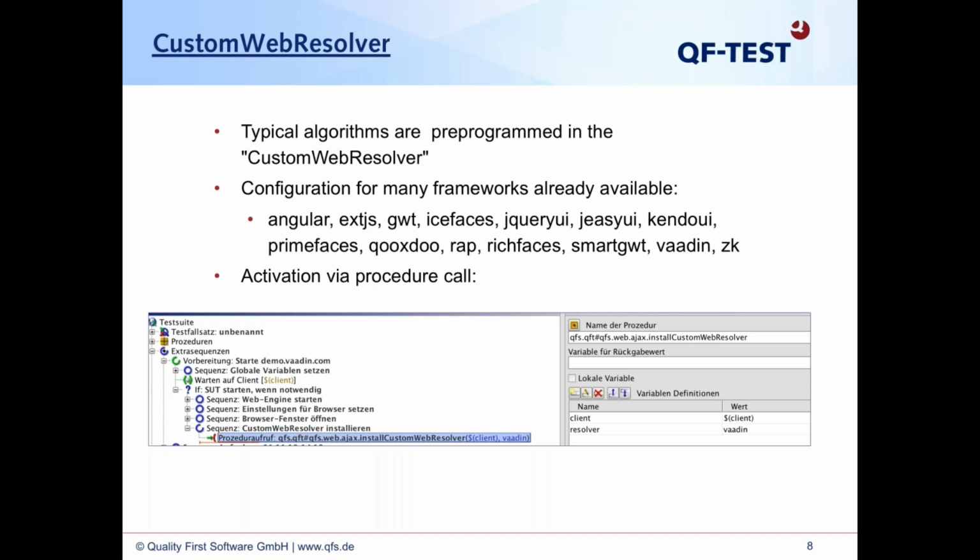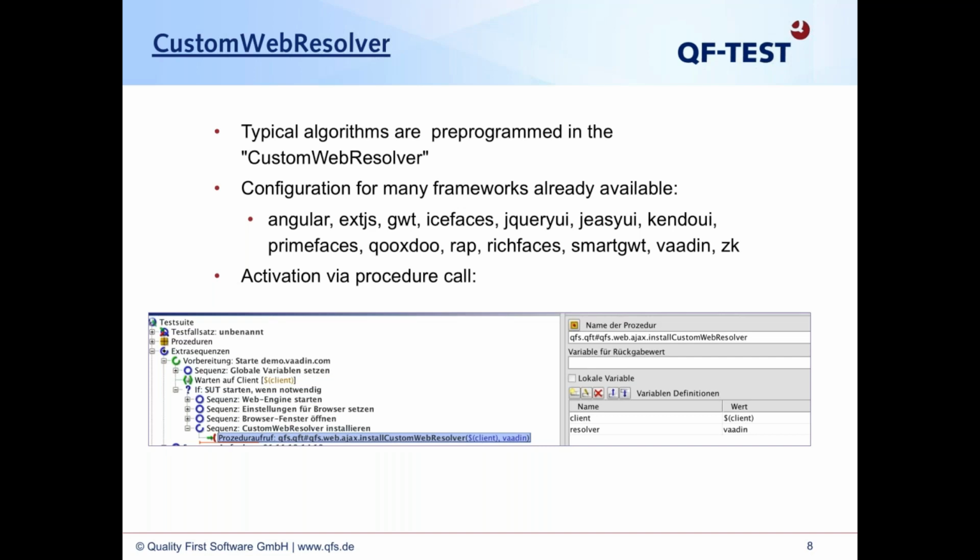And for a lot of frameworks, we have pre-programmed resolvers to map the elements of those frameworks to QF-Test generic classes. And we teach QF-Test in a different way how to get, for example, tooltip information and so on for those different frameworks. So if your application uses one of those popular frameworks, you're probably already done.